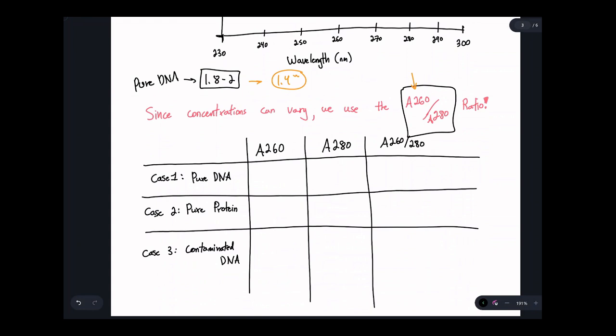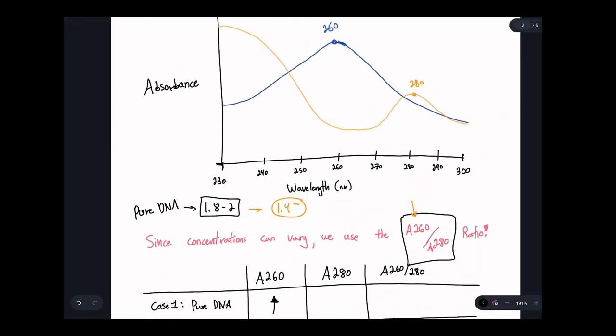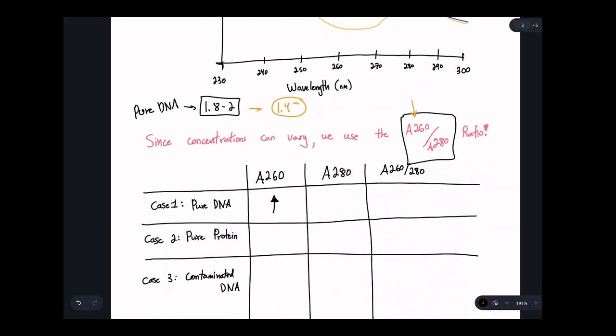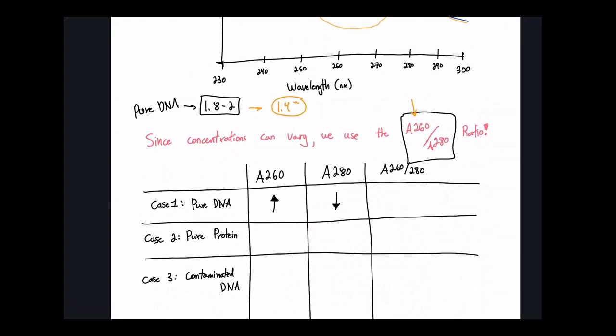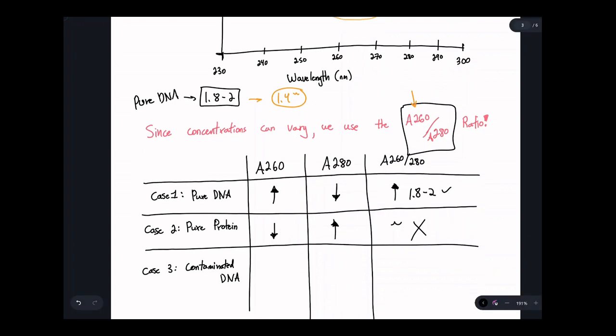So in case one, if we have pure DNA, the absorbance at 260 should be high because DNA absorbs well at 260, but low at 280. This gives you a high ratio of around 1.8 to 2, which tells you that you have pure DNA. If you have pure protein, you're going to see a very high amount of A280 and a low amount of A260. That gives you a lower value, which tells you that it's impure. And again, same with contaminated DNA, right?